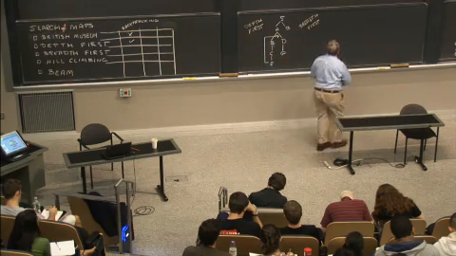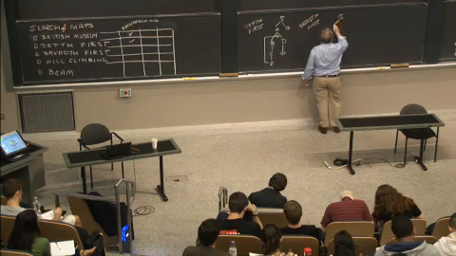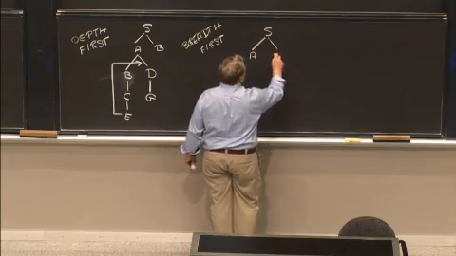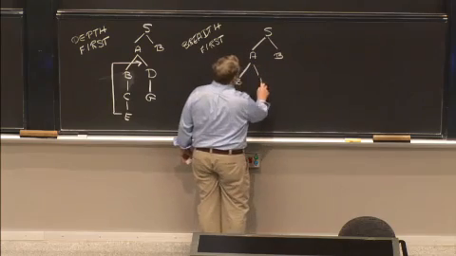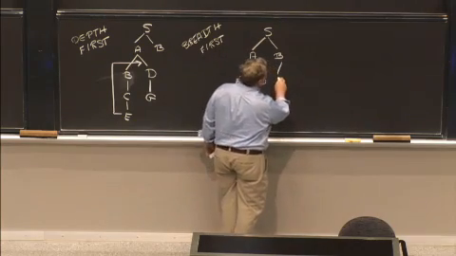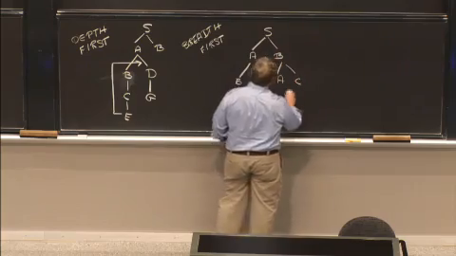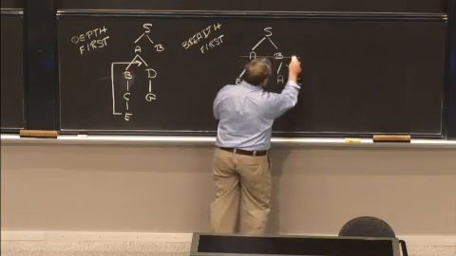So level by level, S can go to either A or B. A can go either to B or D, and B can go to either A or C. So you see what we're doing. We're going level by level.